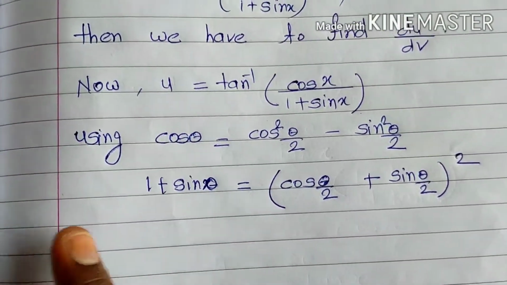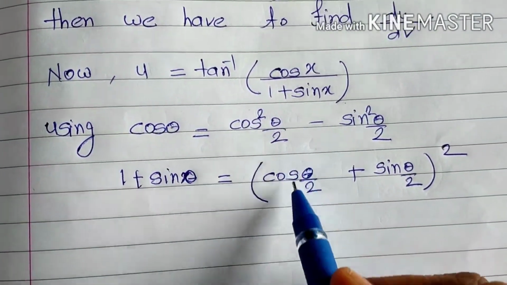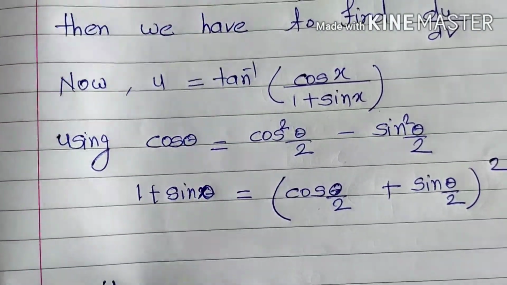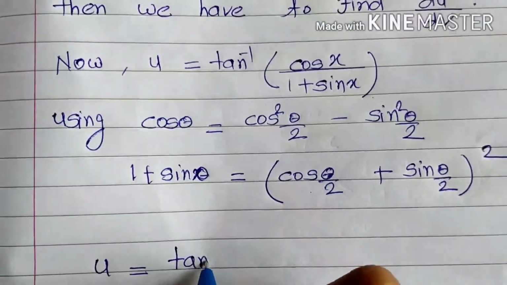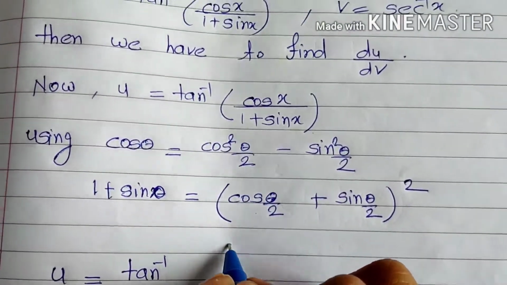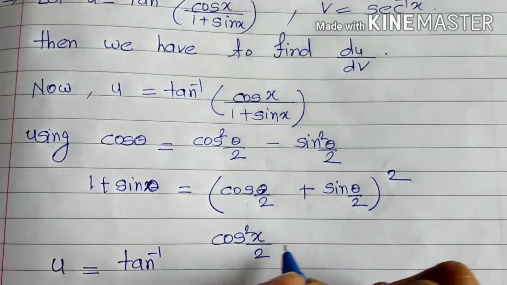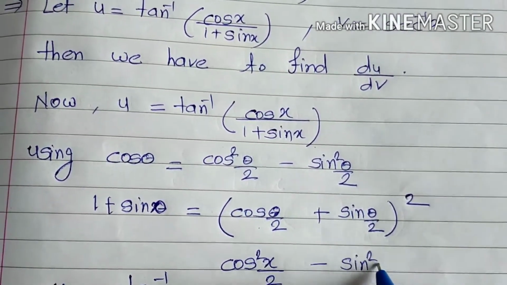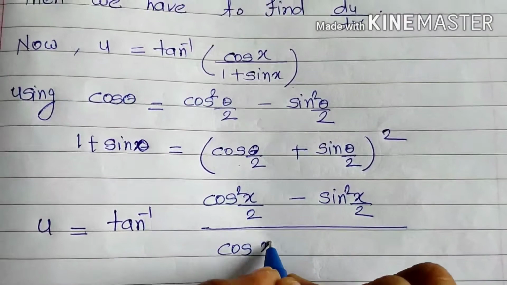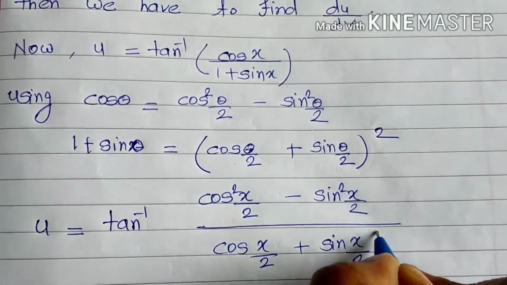Now use these formulas in this function. You get u is equal to tan inverse of cos x upon (cos square x upon 2 minus sin square x upon 2) upon (cos x upon 2 plus sin x upon 2) whole square.